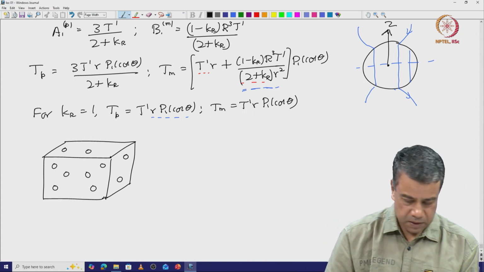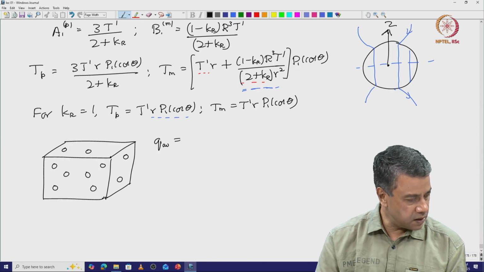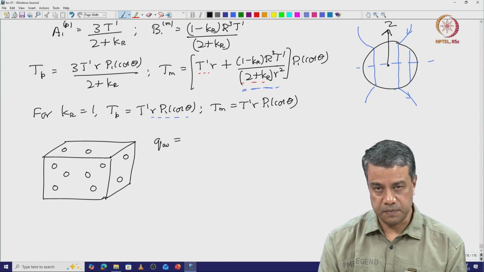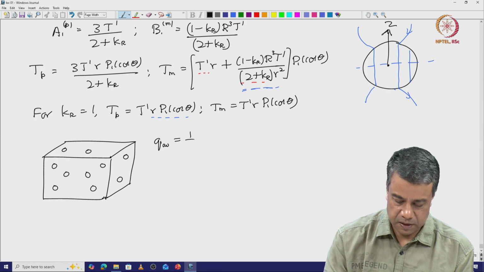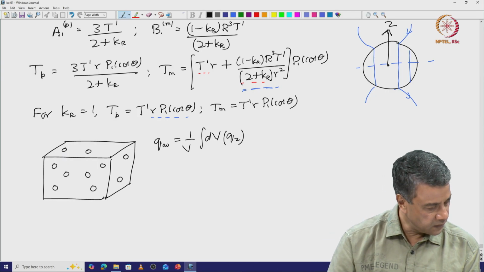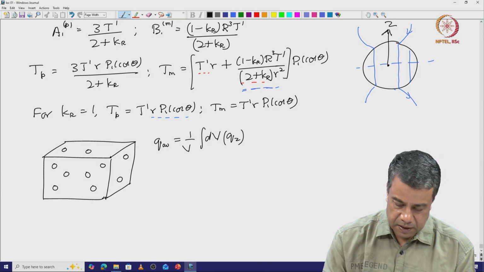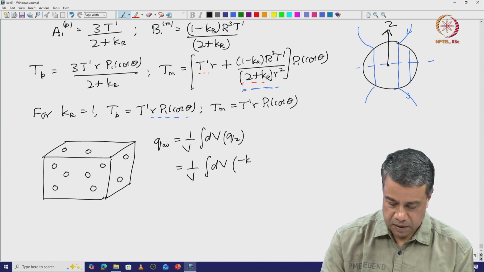This average flux can be written as a volume average, for example. The volume average will give you the average flux passing through the entire system: 1 over V integral dV of the flux in the z direction. I can use the constitutive relation to write this as 1 over V integral dV of minus k partial T by partial z.